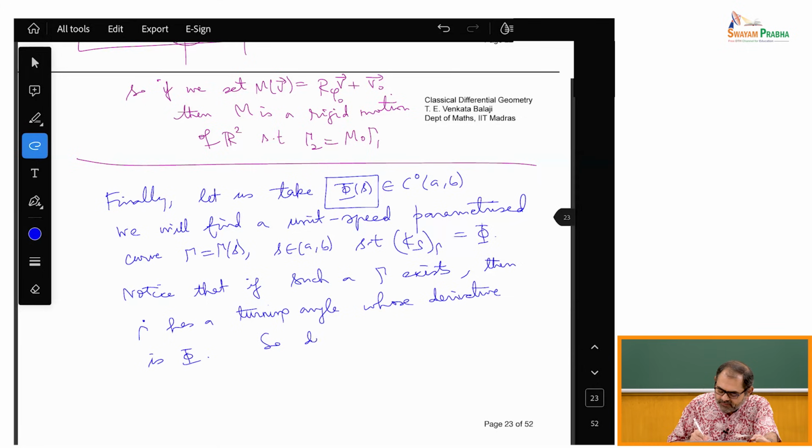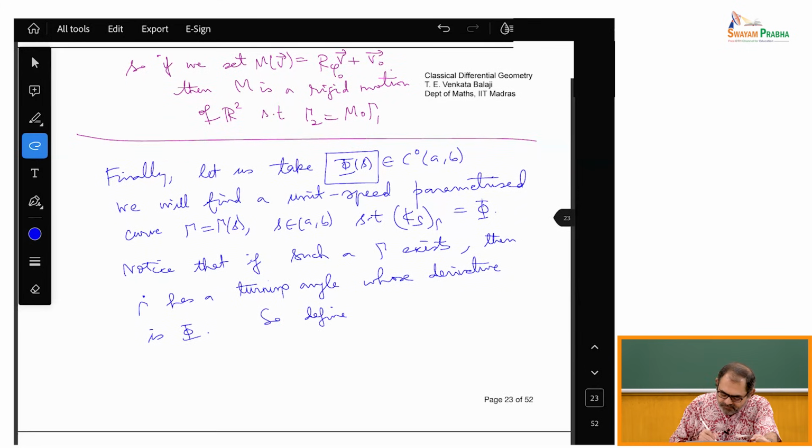So define small phi of s minus small phi of s naught to be the integral from s naught to s of capital phi, so I'll put it in quotes, I'll write it like this. Okay.